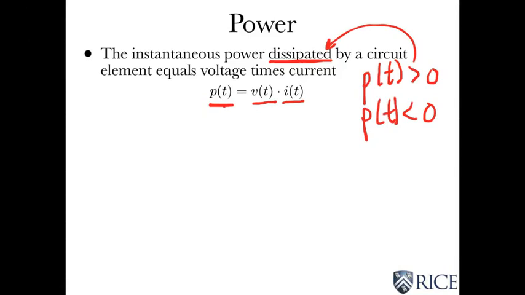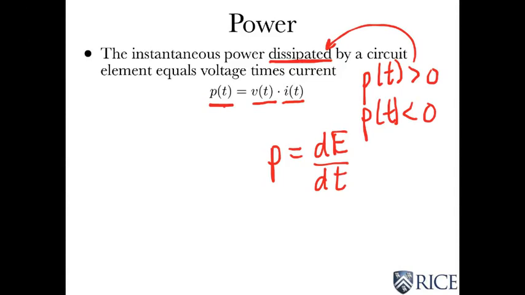Go back to the derivative convention for the relationship between power and energy. If power is positive, that means the energy being consumed by whatever element is going up, so it's consuming. But if it's less than zero, it's producing.